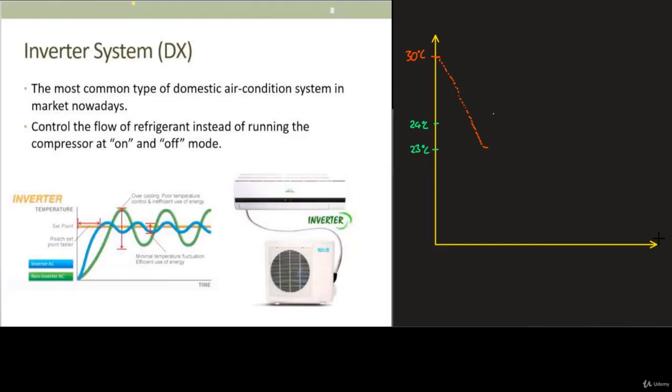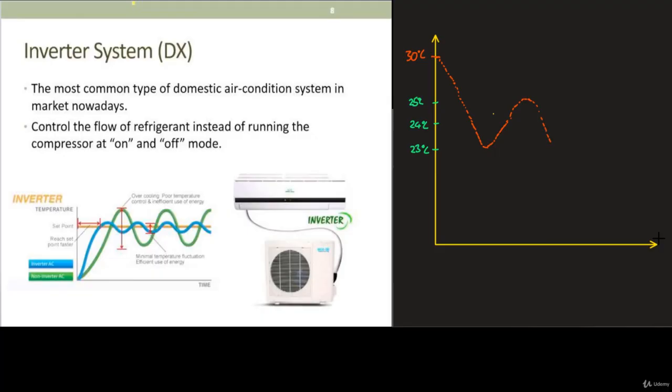When it touches the lower bound, your compressor will cut out. That is when your compressor is not moving anymore, only the fan at the FCU side is in operation. So your temperature will start to slowly increase again. The upper bound is 1 degree higher than the set point. When it touches the upper bound, your compressor will cut in.